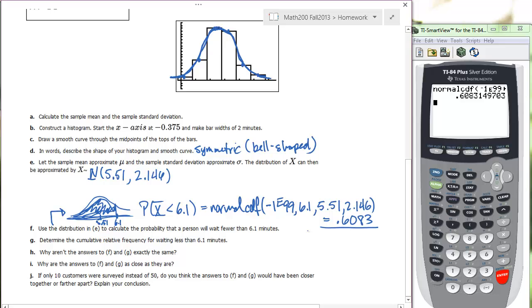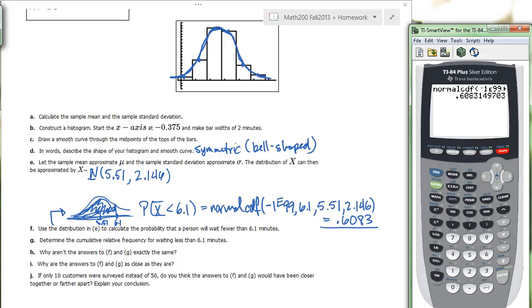The next problem is asking us to determine the cumulative relative frequency for waiting less than 6.1 minutes. So if we take a look at the cumulative relative frequency in our frequency table, 6.1 minutes would be... We didn't put the tick marks over here, but let's go back to our graph and let's hit trace.